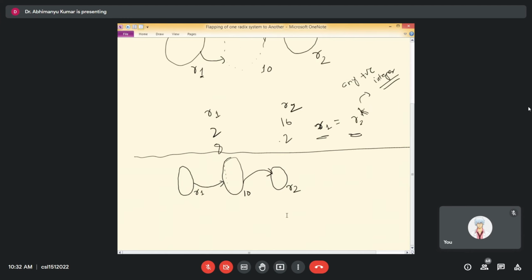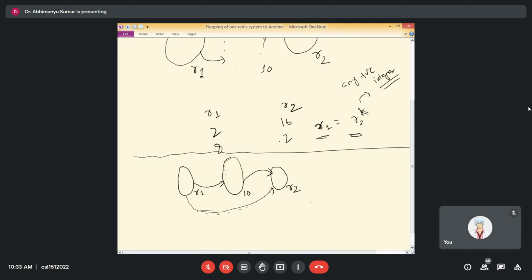But our interesting thing is we need to convert R1 to R2. For that, we convert R1 to 10, then 10 to R2, right? But for some cases, we have a formula, an expression, for directly converting from R1 to R2. This is not available for all cases.